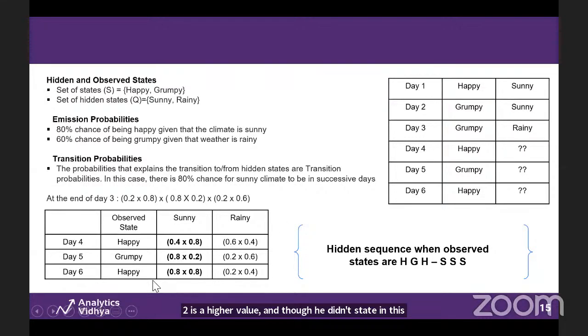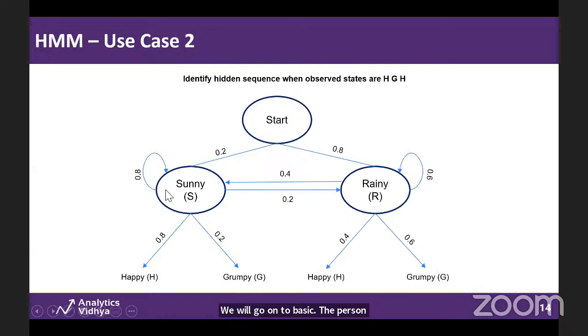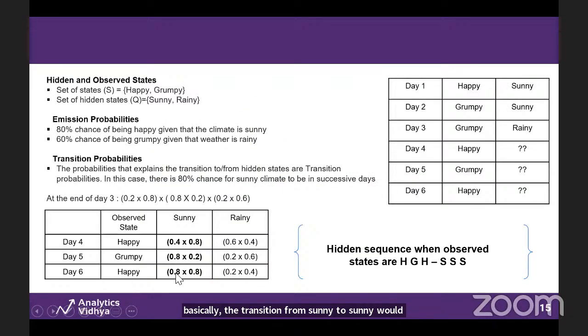Coming to day 6, now given that we know day 4 and 5 are sunny, we will move on to day 6. The person was happy. So basically, the transition from sunny to sunny would be 0.8, which is given here, and sunny to happy is also 0.8.